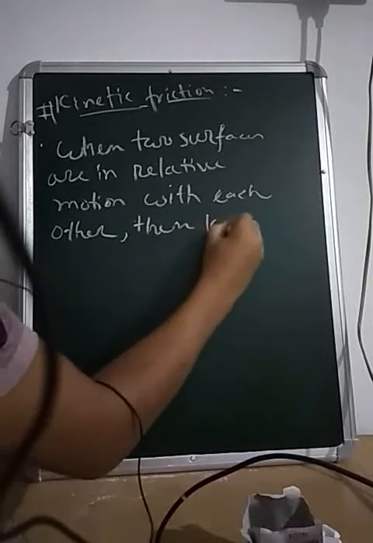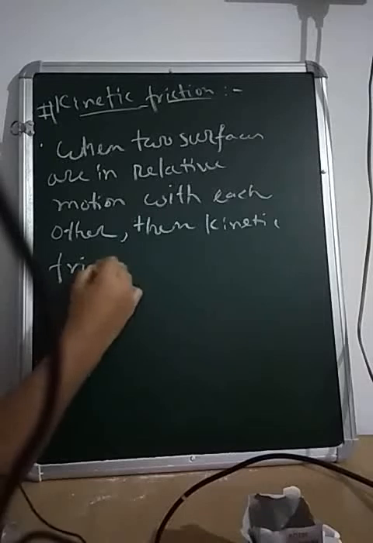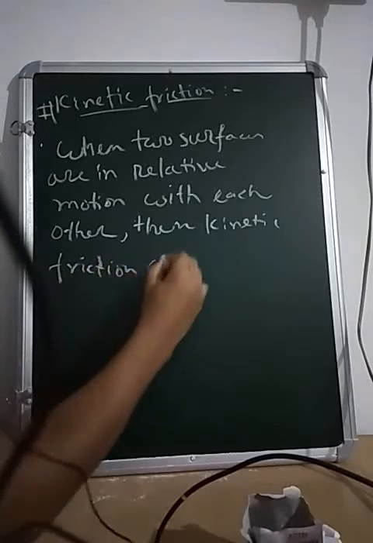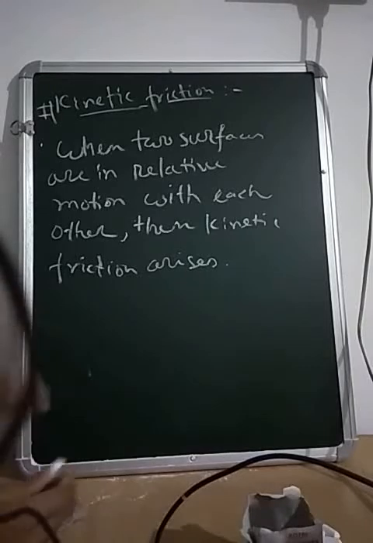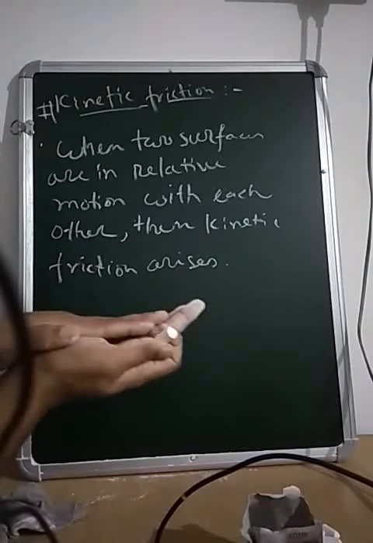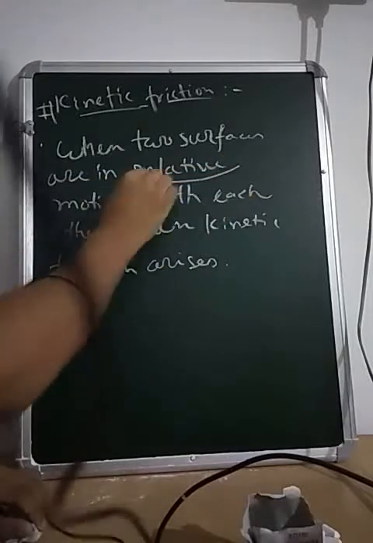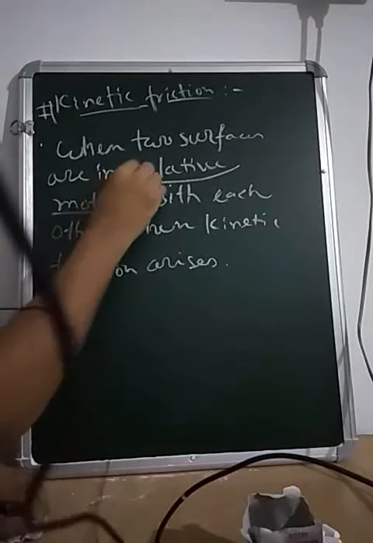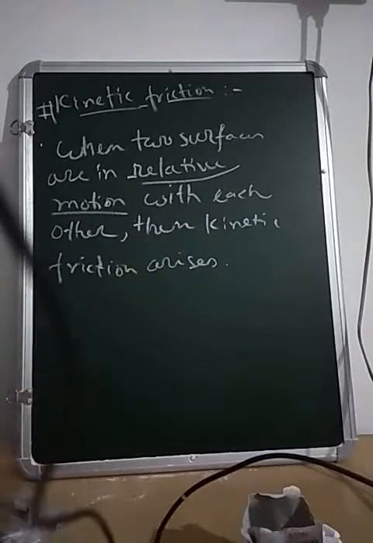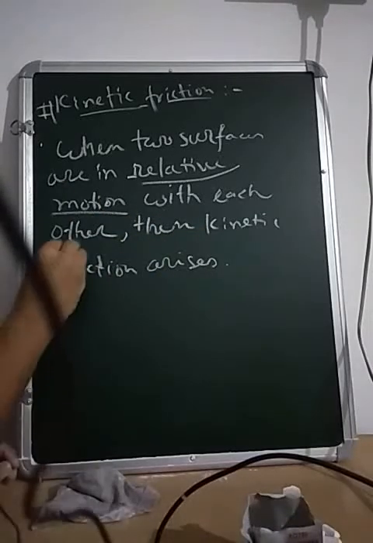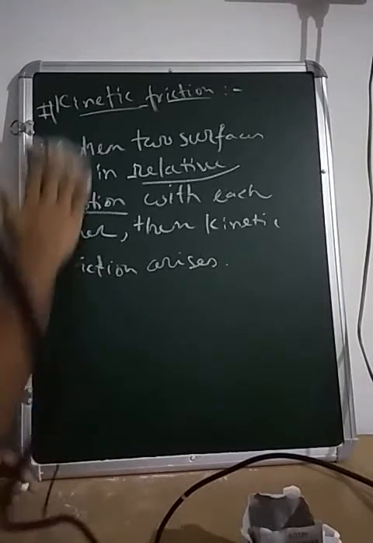Suppose one surface is over another surface. When two surfaces are in relative motion, there must be a finite relative motion between the two surfaces. In this case, the friction that arises between the surfaces is called kinetic friction.